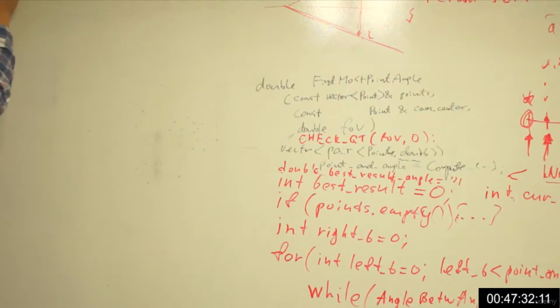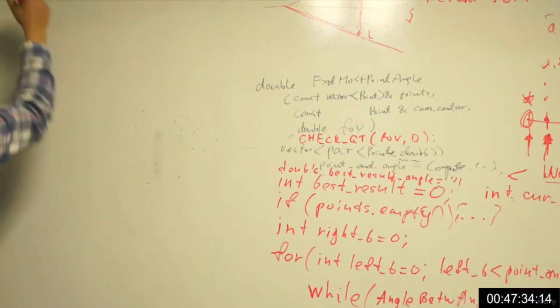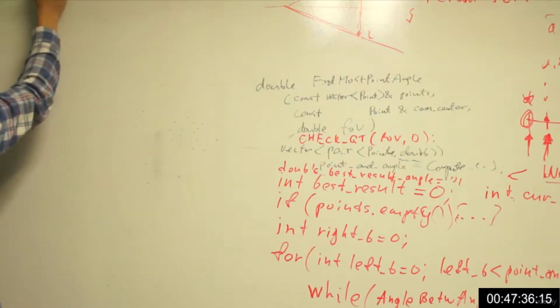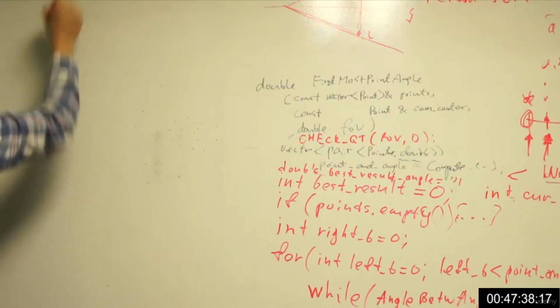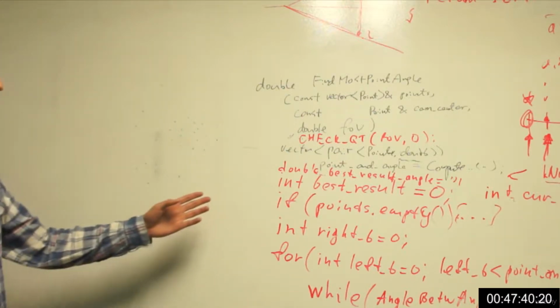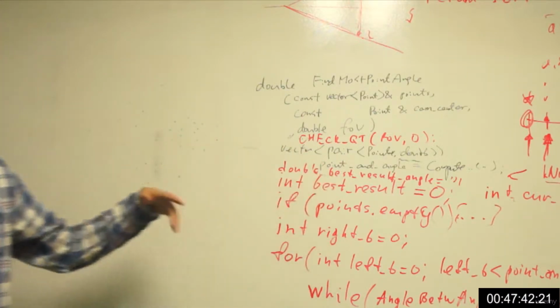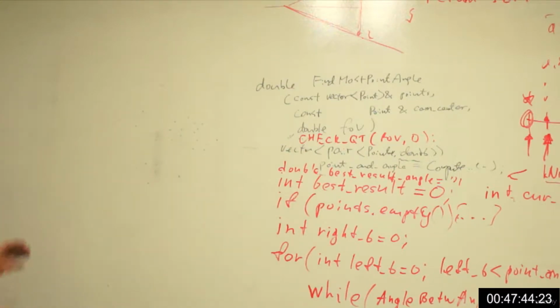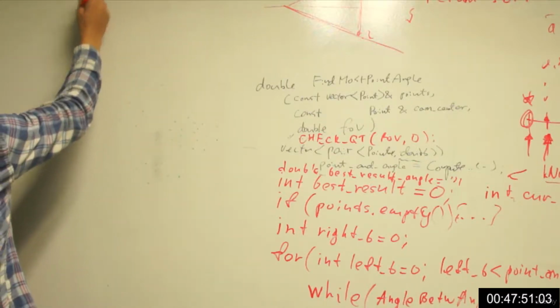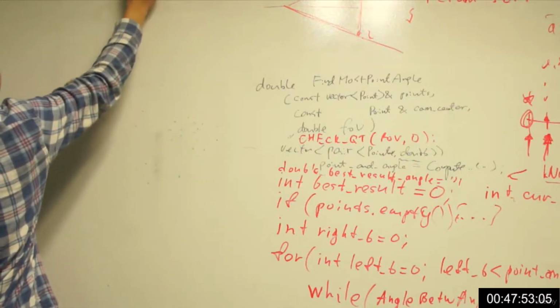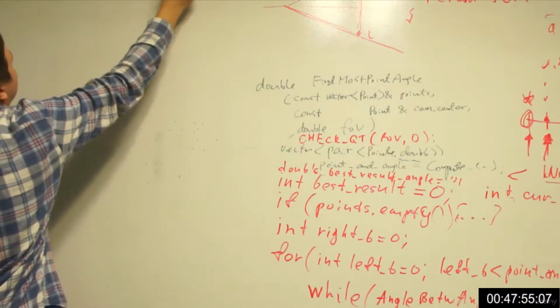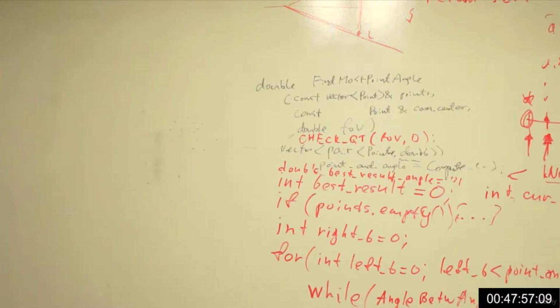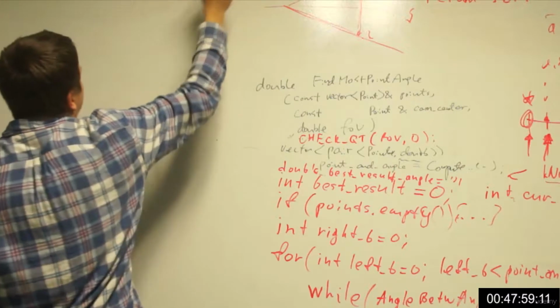If, for example, current result is greater than best result, we can make best result equal to -1 at first, or for example 0 is also good. So if current result is greater than best result, in this case we need to update best result.